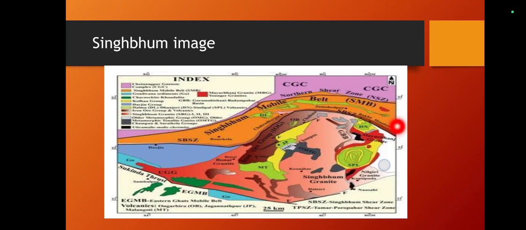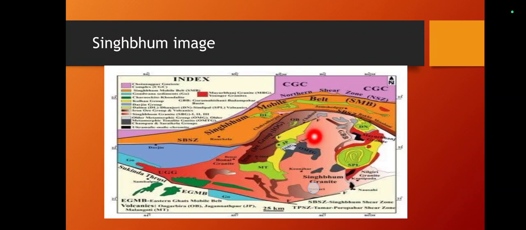So this is the image of the Singhbhum craton. Here you can see the older metamorphic group, this white one, where I have pointed my pointer. You can see here the OMG is the core of this craton, along which the OMTG got formed by the mantle plume interaction with OMG.